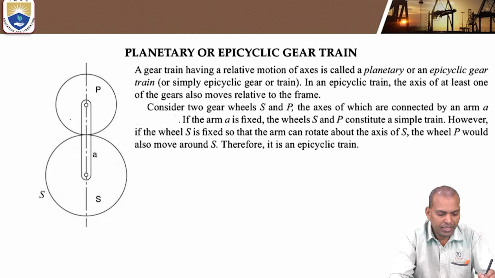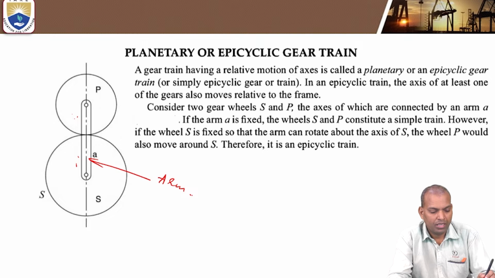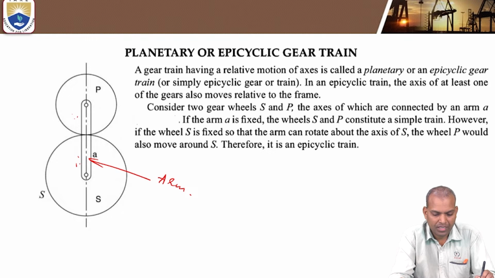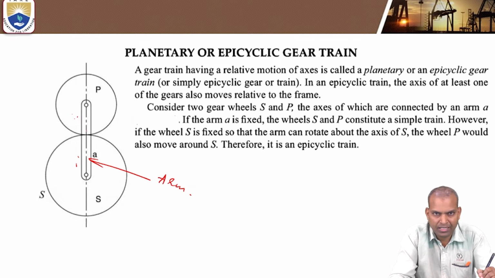Here we consider two gear wheels, S and P. The axes of these two gears are connected by an arm A. If the arm is fixed, the S and P combination is a simple gear train.